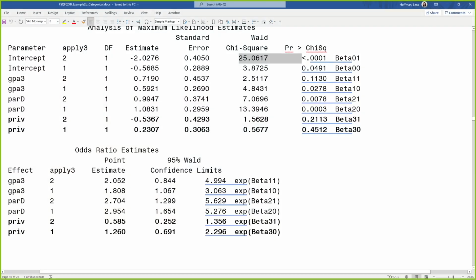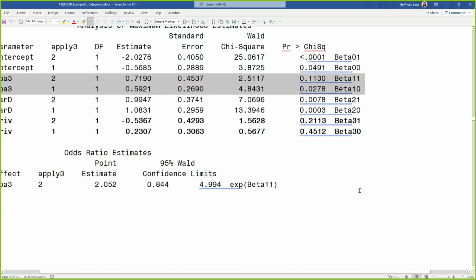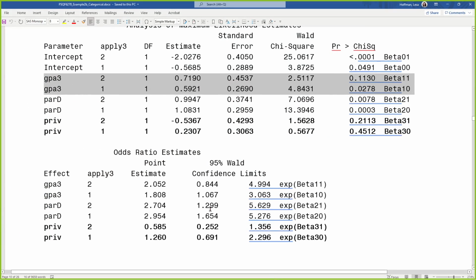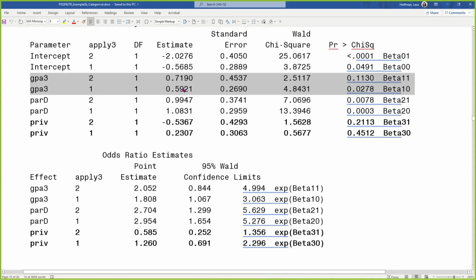Okay. So these are our slopes, let's eyeball these. For the effect of GPA, I got two slopes here. The slope of 0.7 is predicting what? The first line that I've highlighted.